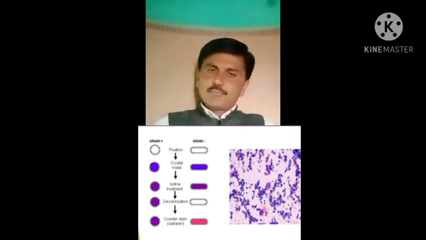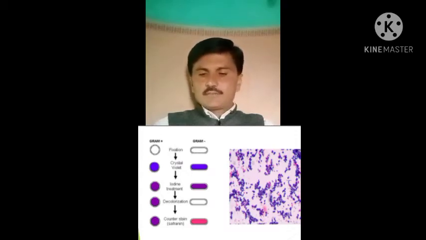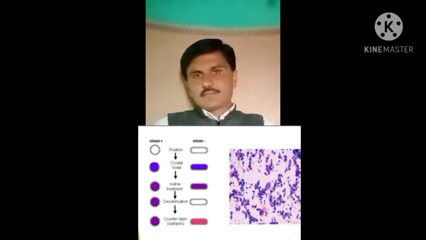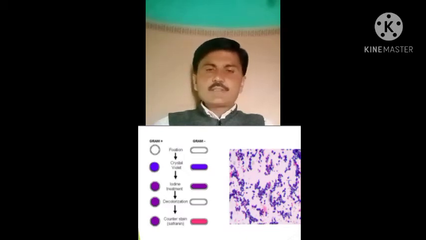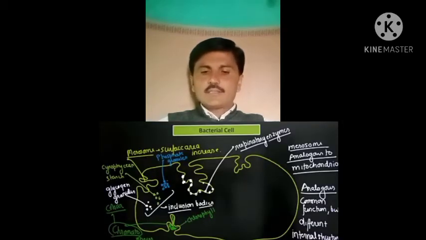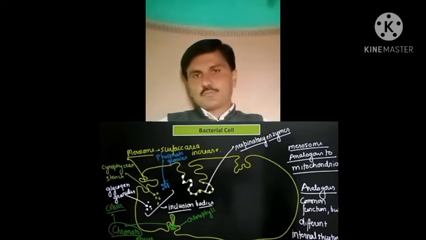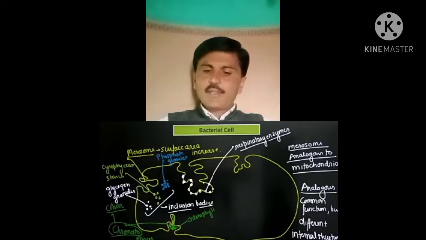Here in the plasma membrane, we find the folded material, somewhat zigzag, which is attached to the plasma membrane. These organelles are called the mesosomes. The function of the mesosome is to produce the respiratory enzymes.